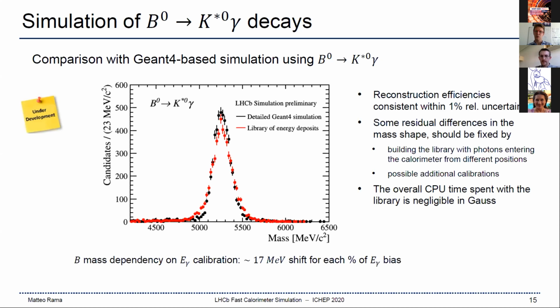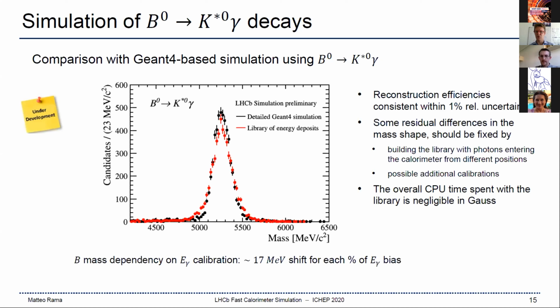And this could actually be one of the reasons for this not perfect agreement between the red histogram and the black histogram. So yes, there is a difference, but it's not extremely large. What we would like to attempt first is to build a library where the particles are not all generated exactly at the same point in the cell, but with some, let's say, uniform distribution, to see whether from the statistical point of view this can improve things.